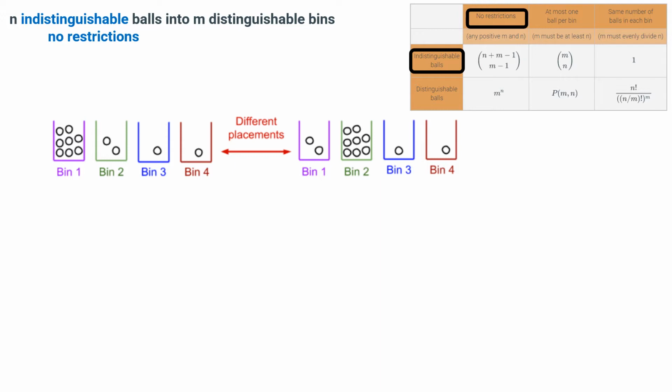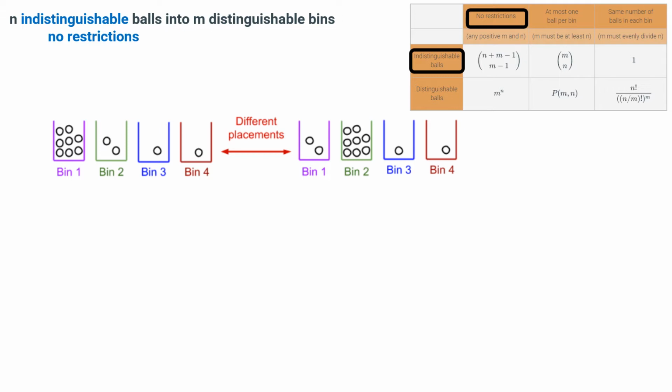This first example, you can see I've circled the no restrictions column at the top of the table, and I've also circled the indistinguishable balls. That means they're not labeled, they all look alike. Hopefully this formula looks familiar to you, because this was the category we talked about in the last lesson.